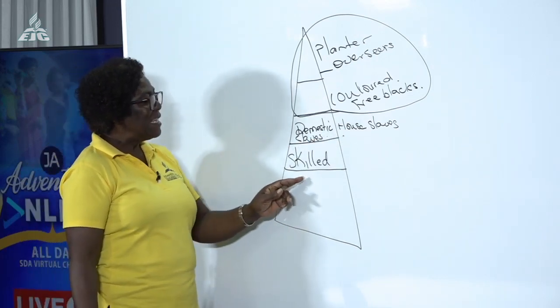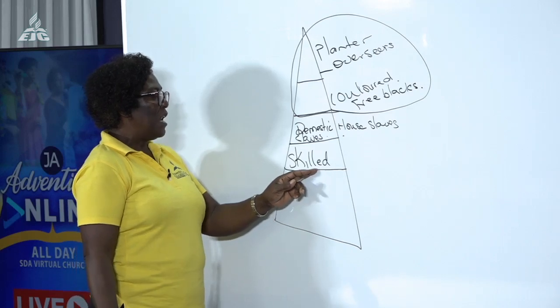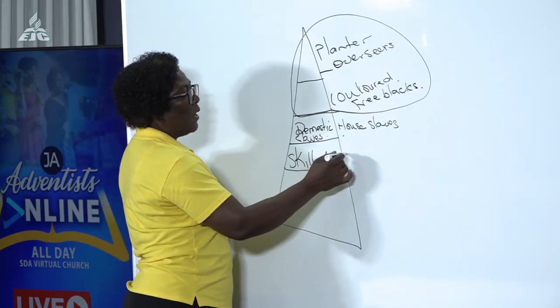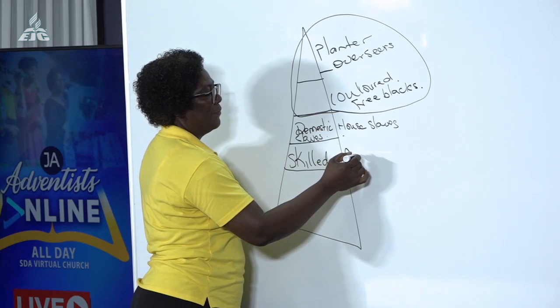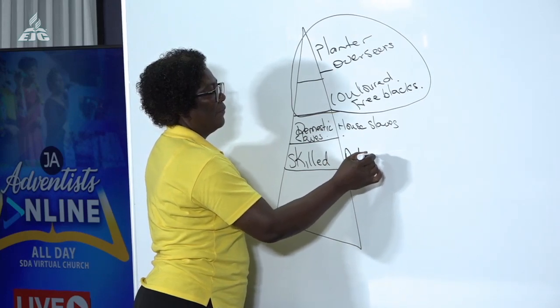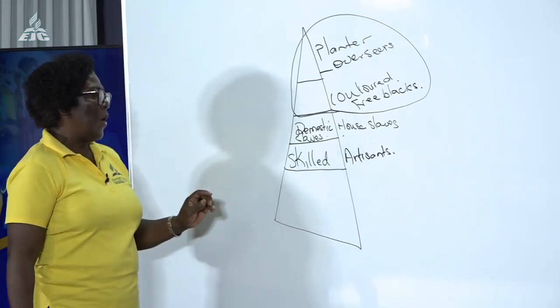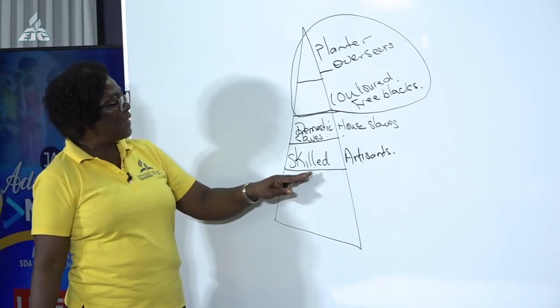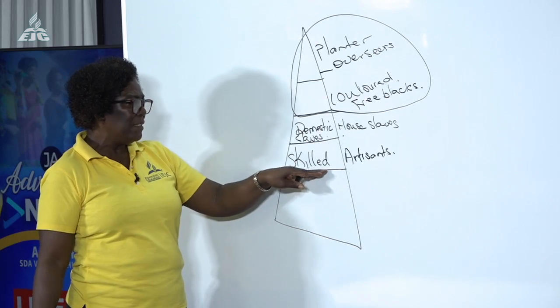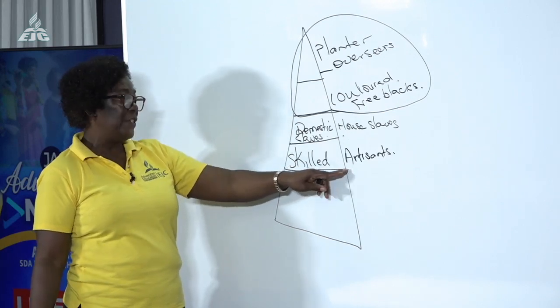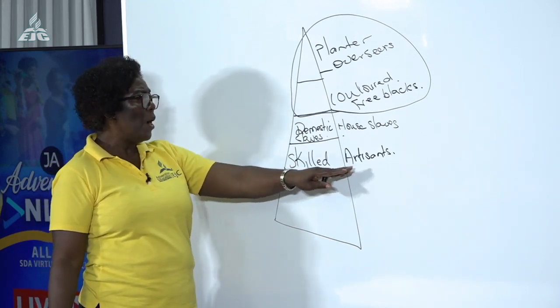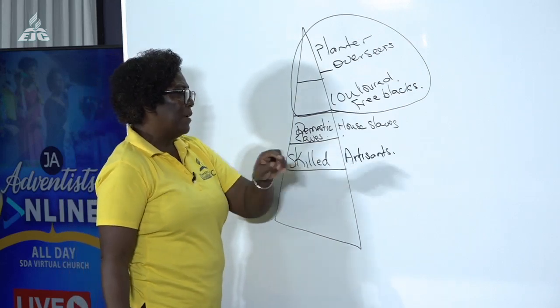Now you have the skilled slaves. These slaves were also called artisans, right? Art, as the word suggests, because they were skilled in making things. Some of them were carpenters. They were blacksmiths.